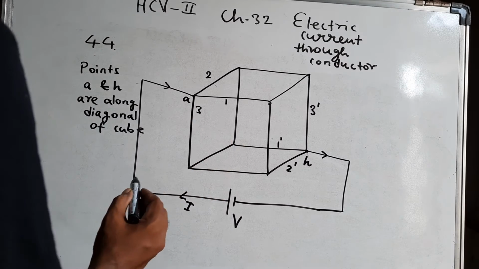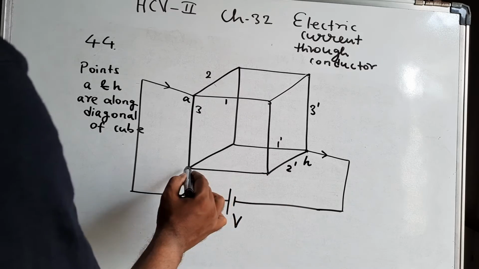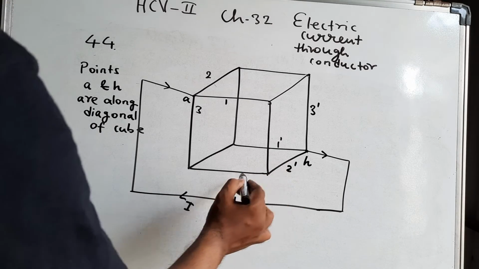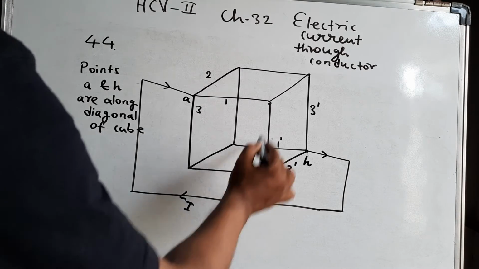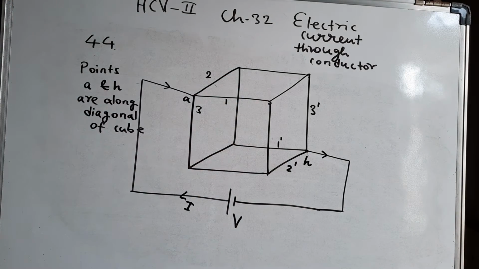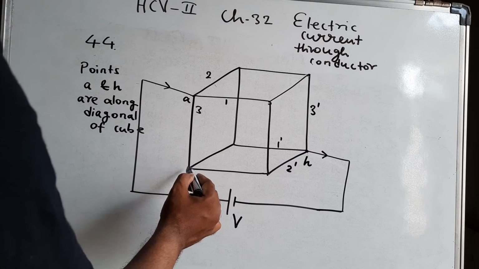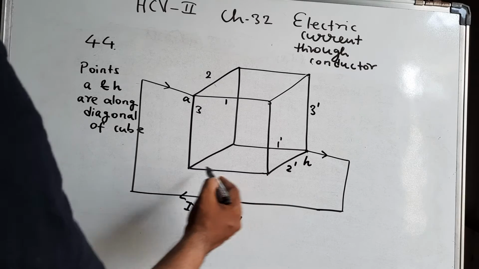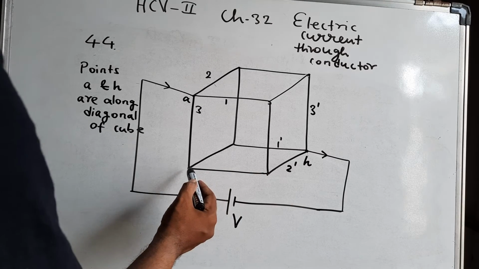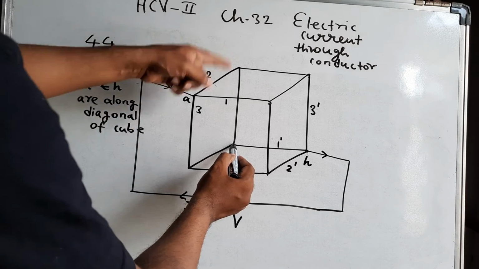Similarly, you can check this branch 3 is divided into two branches. One is attached to 2 dash and the other is coming from 1. So this branch is attached to a branch coming from 2.